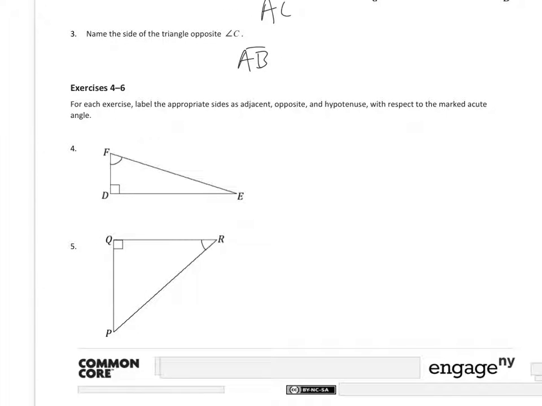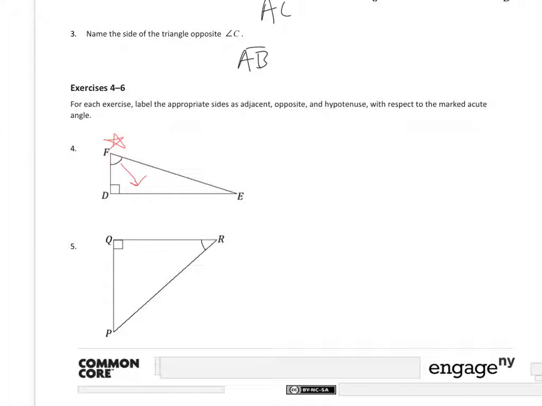So just to be clear, the acute angle that they're referring to is this one, A, and so if we're going to label the different side lengths, I would want to start by writing the side lengths that are opposite this acute angle.